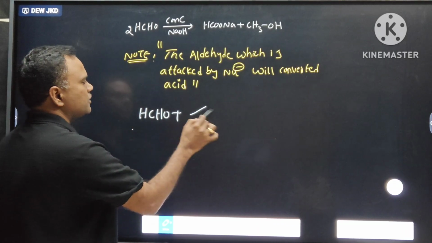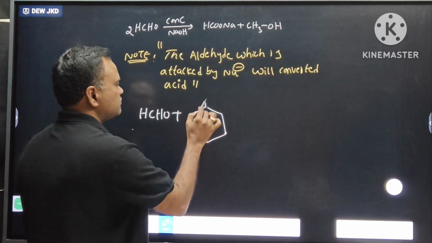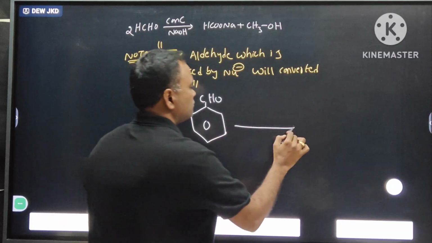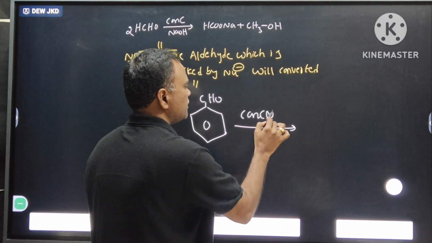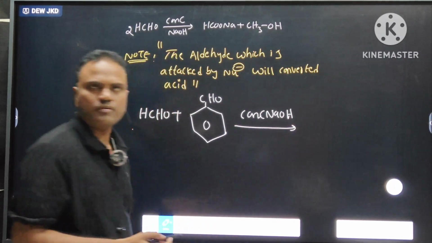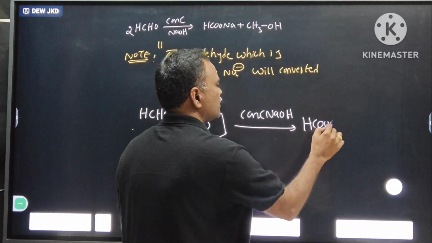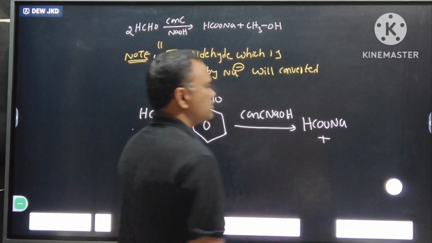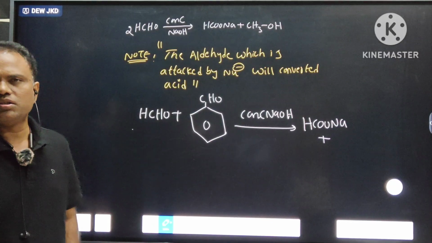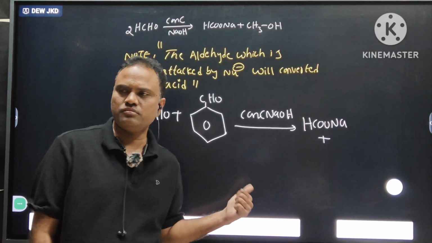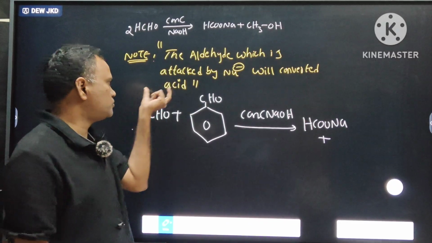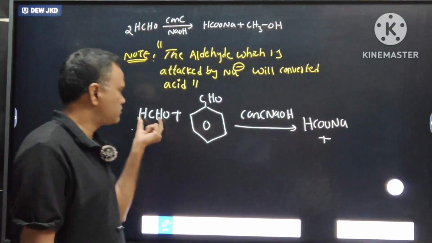Formaldehyde and benzaldehyde, with concentrated sodium hydroxide, concentrated NaOH, gives HCOONa. That means formaldehyde, which is attacked by nucleophile, is converting into acid.